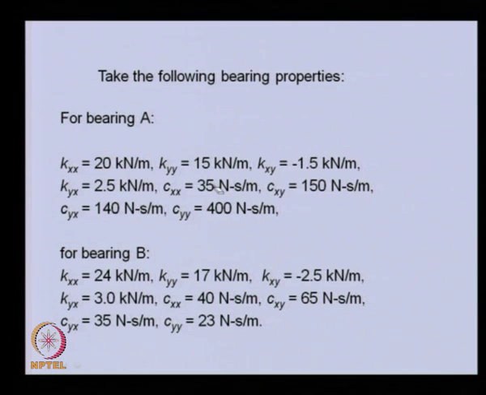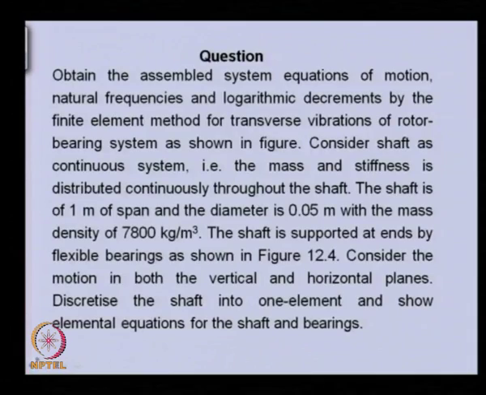In the subsequent class, we will explain how we can get these properties for a typical fluid film bearing, especially if we have some kind of approximation like short bearing approximation. So, these are the various other properties and material properties of the shaft. For illustration we will show only one element, but that can be extended for higher elements.